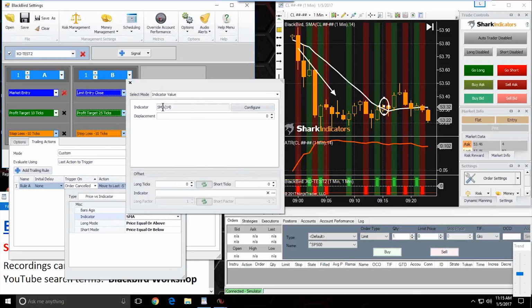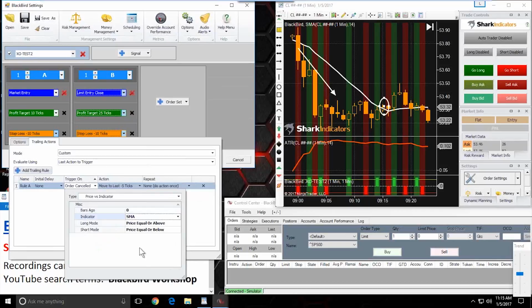We'll use the SMA 14. Let's say if we're in a long trade and price goes below our SMA, or if we're in a short trade, price goes above our SMA. So the question is, are these rules being evaluated on a tick by tick basis or when the bar closes?